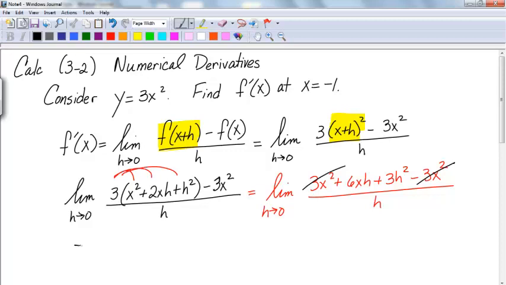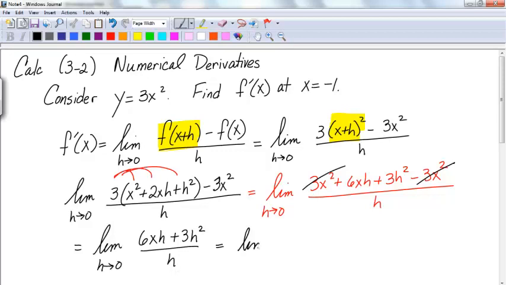Okay, so we have left the limit as h goes to 0 of 6xh plus 3h squared all over h. Now that's a polynomial over a monomial that h divides into each term. So you still need the limit notation. You'd have 6x plus 3h.